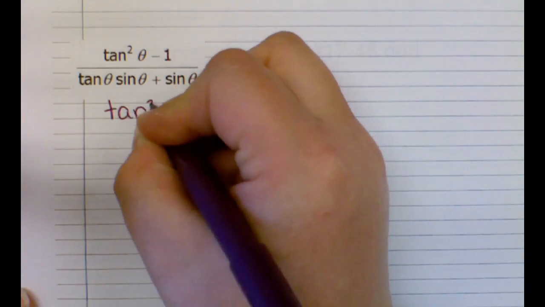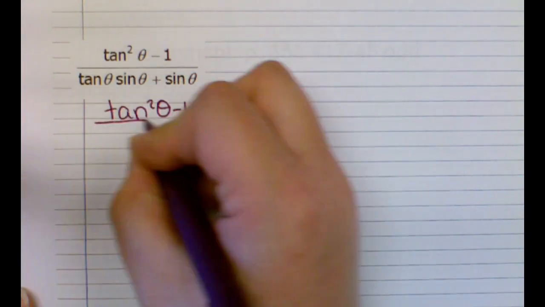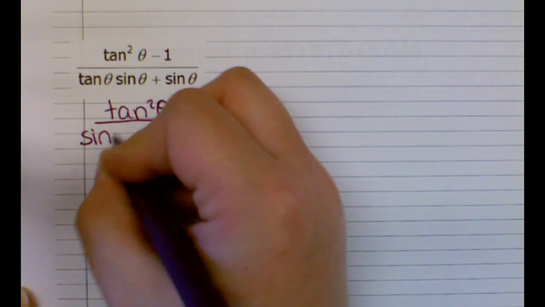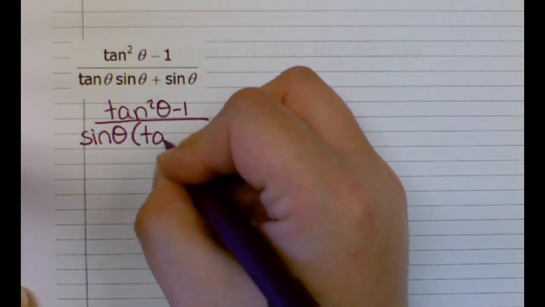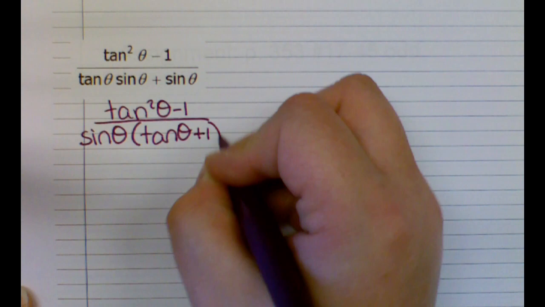All right, tangent squared of theta minus 1 over tangent of theta sine of theta plus sine of theta. My first instinct is the denominator. Both terms have a sine of theta, so I'm going to go there first. That leaves me tangent of theta plus 1.